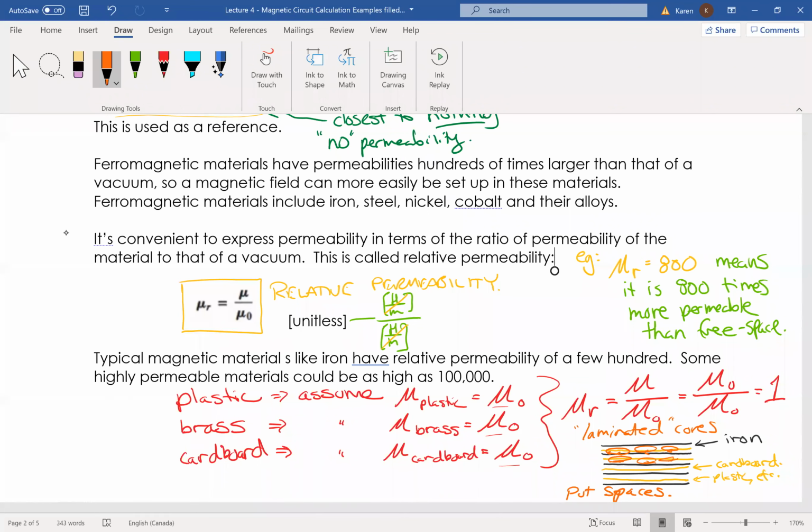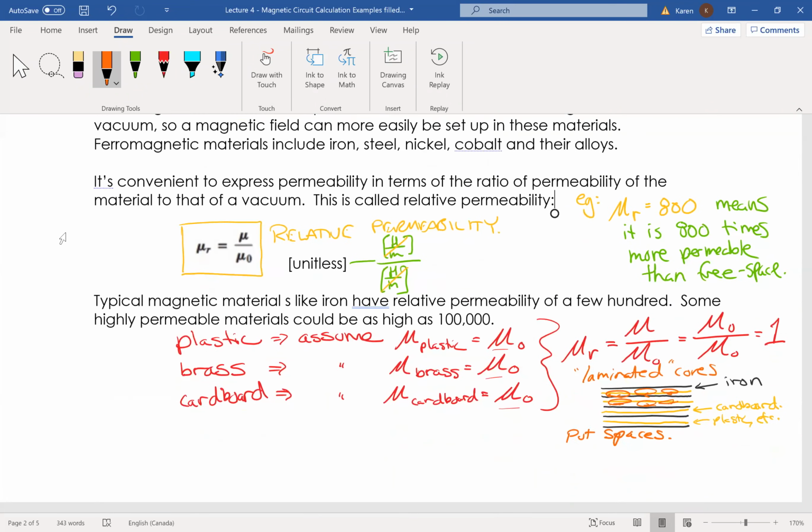And that's called air gap problems. So we're going to get into a whole series of problems later on that are called air gap problems. By problems, I mean mathematical problems. Air gaps are built into the physical magnetic circuits.